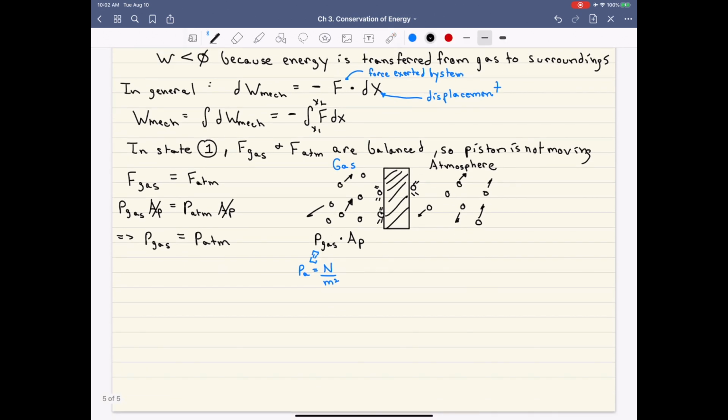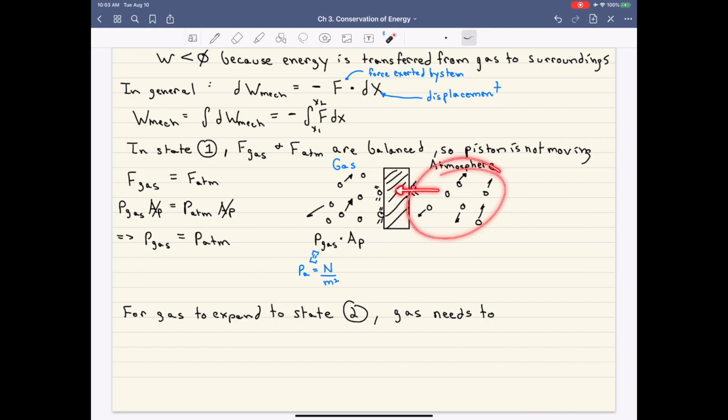And so for that expansion to occur, so for the gas to expand to state 2, this gas needs to overcome the force of the atmosphere acting this way, right? So for the gas to expand, it needs to have a force that's greater, or that acts against the force of the atmosphere.